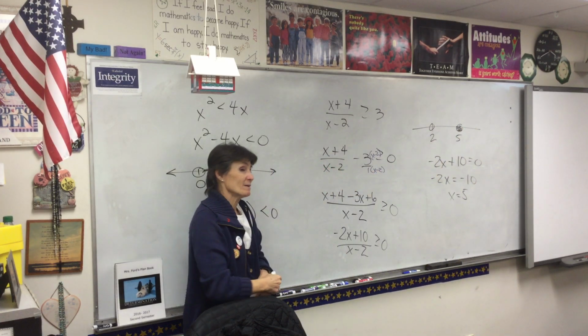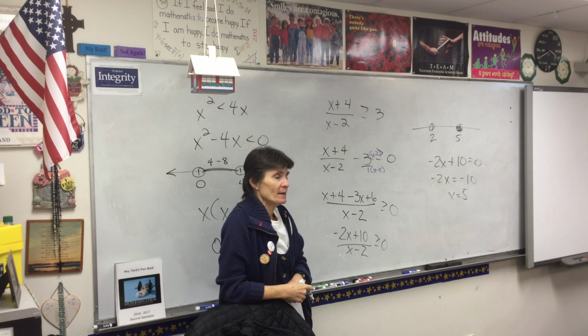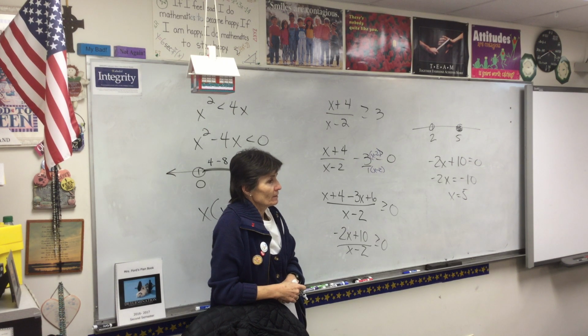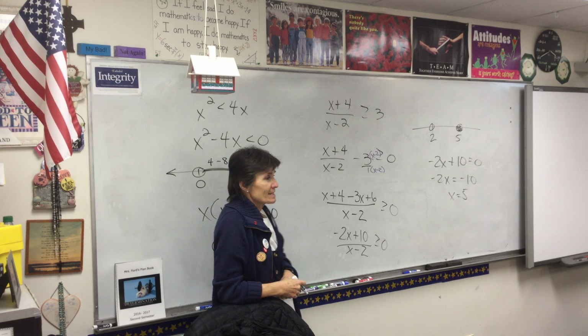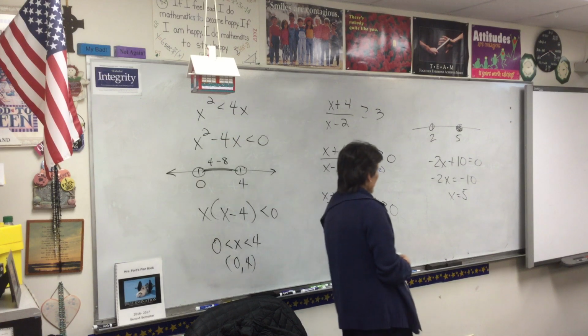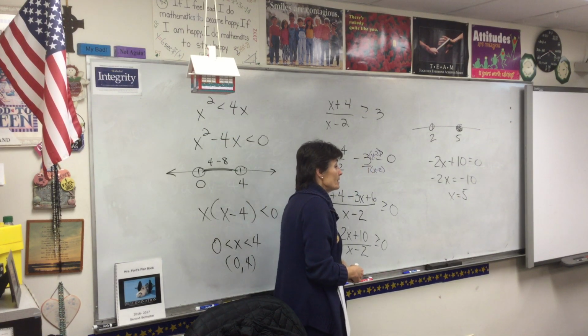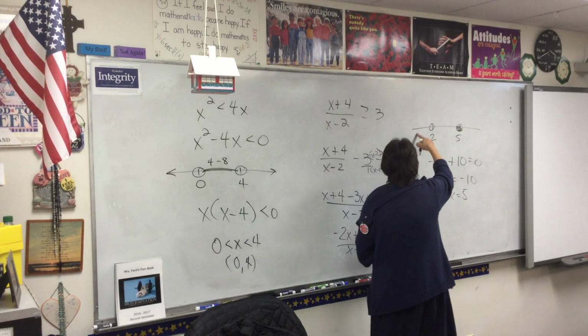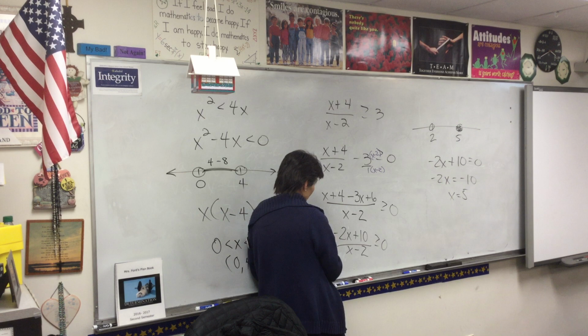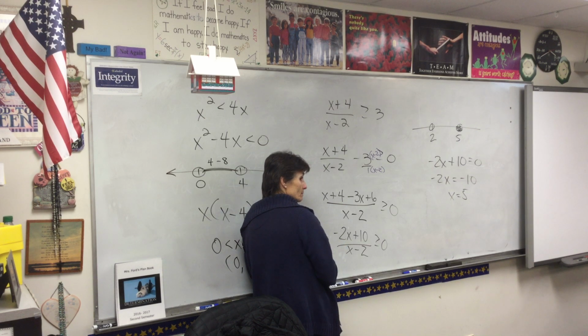Remember, what do we know about dots that come from any denominator? Never filled in. Denominators can't equal 0. All right, let's pick a number that's not 2 or 5. Negative 2. If I put negative 2 in, that would make my top 14 and my bottom negative 4.